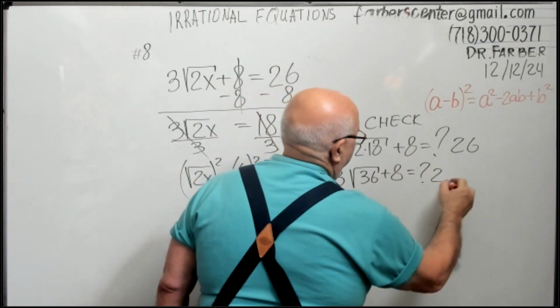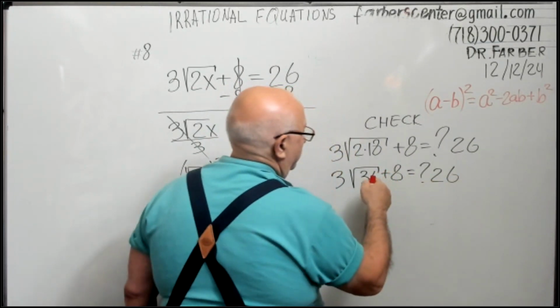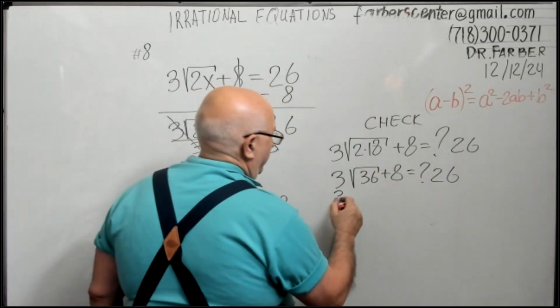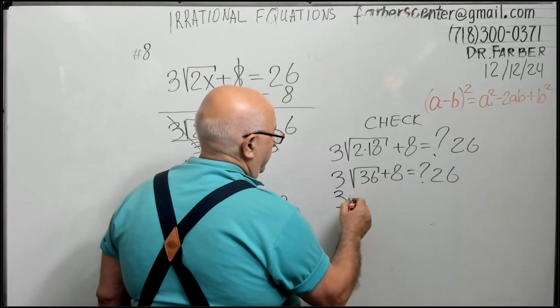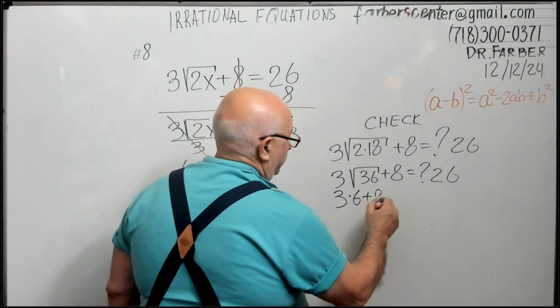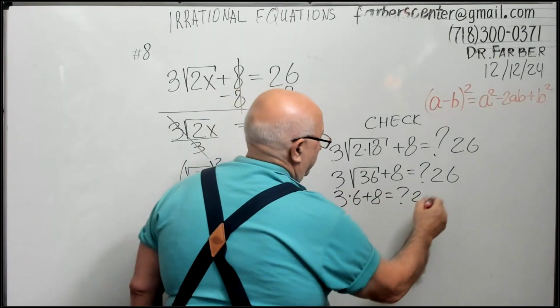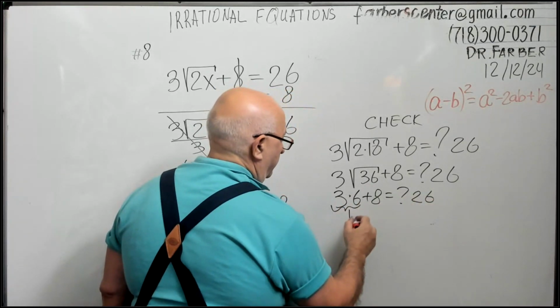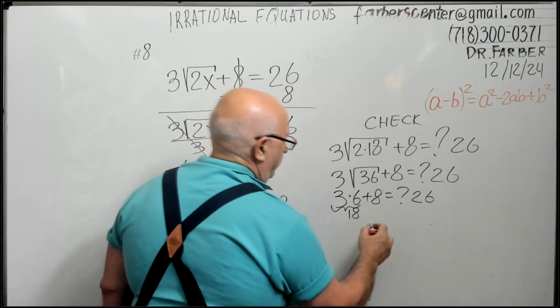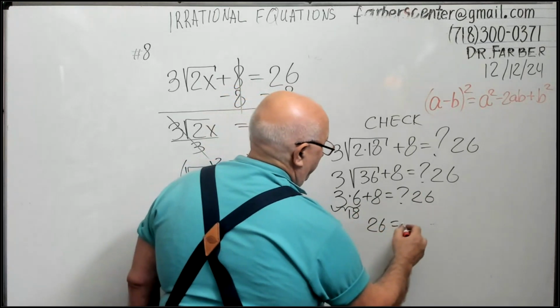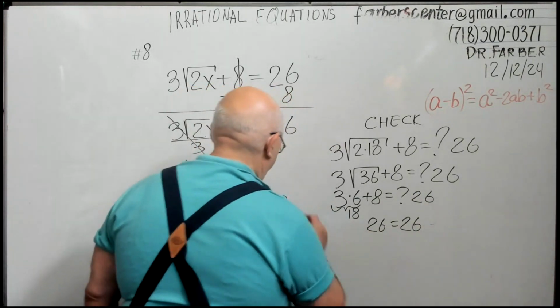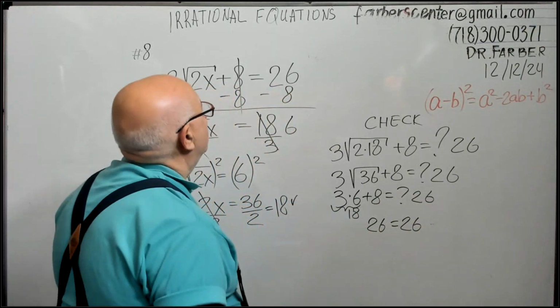Is it equal to 26? 3 square root of 36 is 3 times 6, that is 18, plus 8 is 26, and 26 equals 26. Okay, so this is my solution.